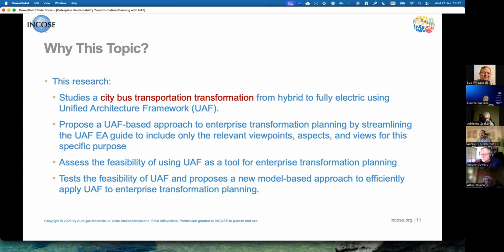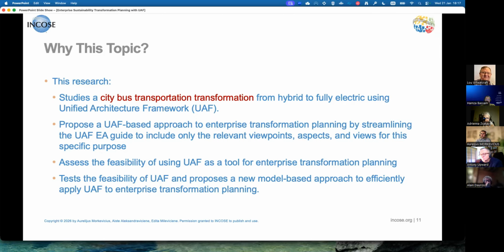Okay, so now let's go to the topic. And first of all, why this topic? I will show you the research that studies the city bus transportation transformation from hybrid to fully electric. And I will show you the model developed for that, created in the Unified Architecture Framework. And why did we do this research?